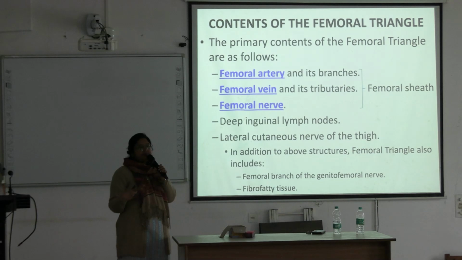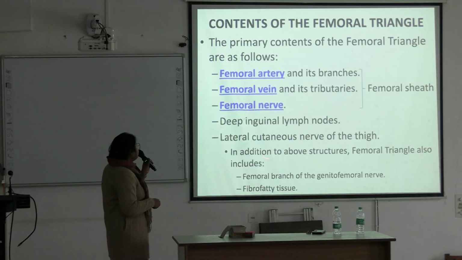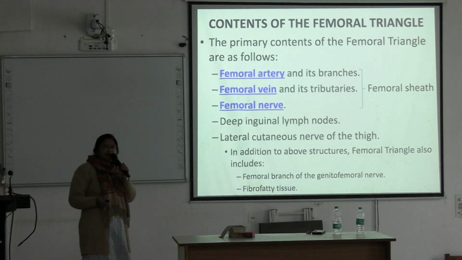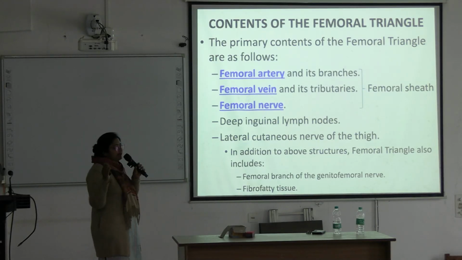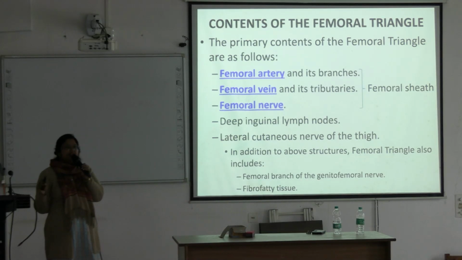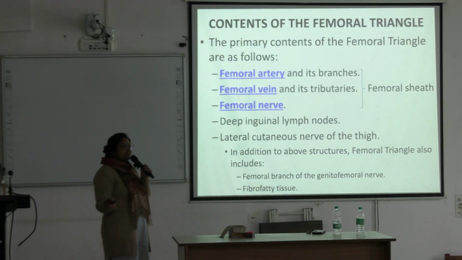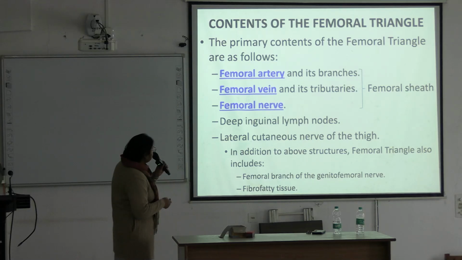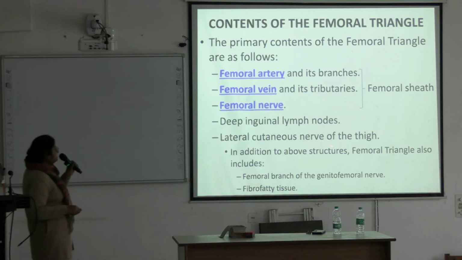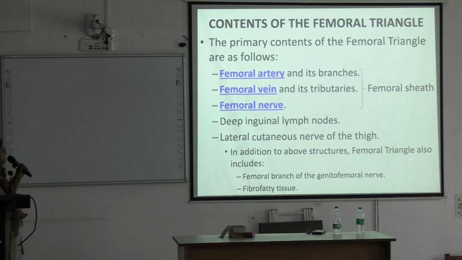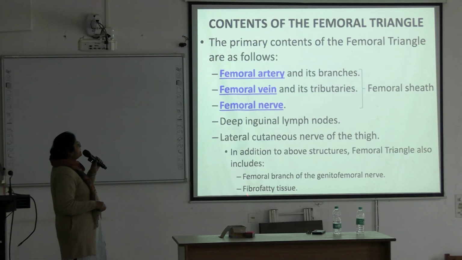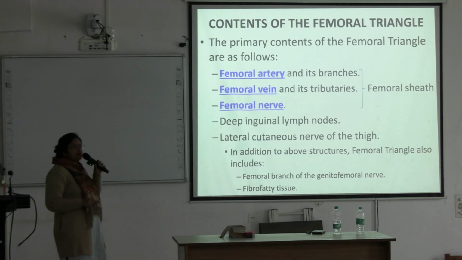Femoral nerve is also a branch of the lumbar plexus. Other cutaneous nerves of the thigh, the intermediate and medial cutaneous nerves of the thigh, come from the femoral nerve. Okay. So you remember like this. In addition to the above structures, the femoral triangle also includes the femoral branch of the genitofemoral nerve and fibrofatty tissue. So all these are contents of the femoral triangle.